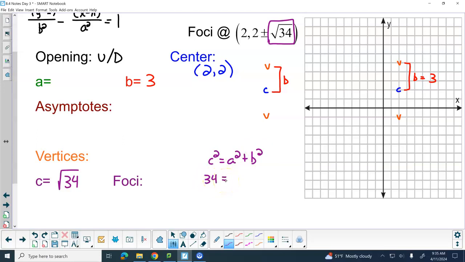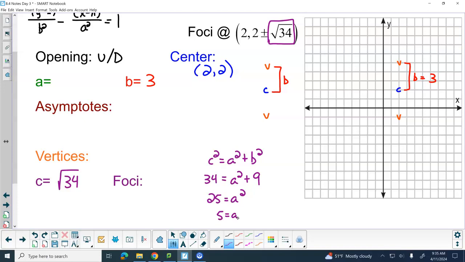I don't know what a is, so that's going to be a squared. B is 3, so b squared is 9. Which means then that 25 is a squared, so 5 is my a. I wouldn't have to find my a, because really I want a squared for it.